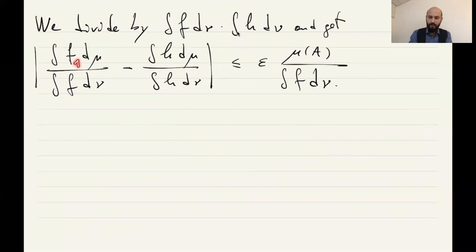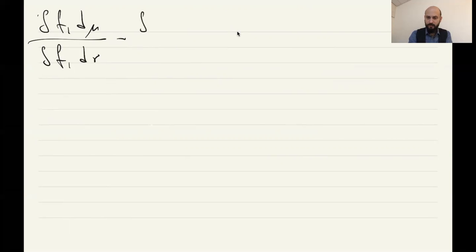All right. Now this was for fi. So I consider the one with i equal 1, and then the one with i equal 2. Summing, I'll start a new page. We'll have the integral of f1 d mu divided by the integral of f1 d nu, minus the integral of f2 d mu divided by the integral of f2 d nu.